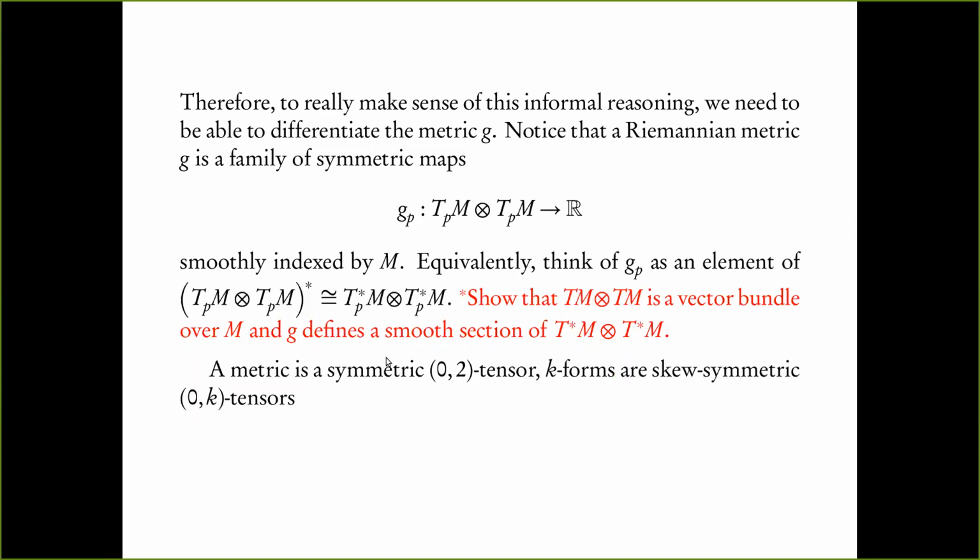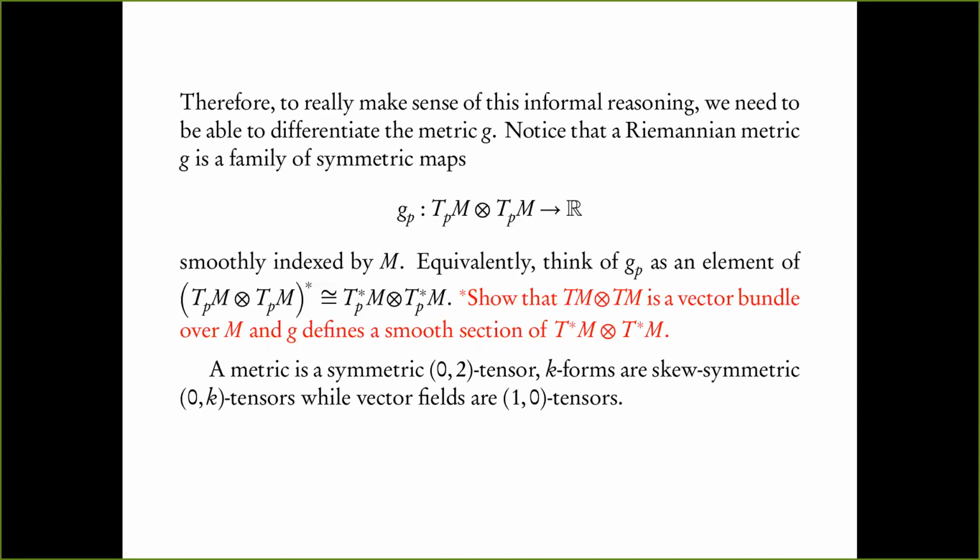Now, what about k-forms? These are things you have seen. Differential k-forms are skew-symmetric 0-k tensors. Remember, 0-k means that they are smooth sections of T star M wedge T star M wedge T star M. So they're skew-symmetric, and there's no tangent component. There are only cotangent components. And vector fields are 1-0 tensors because vector fields are sections of TM.